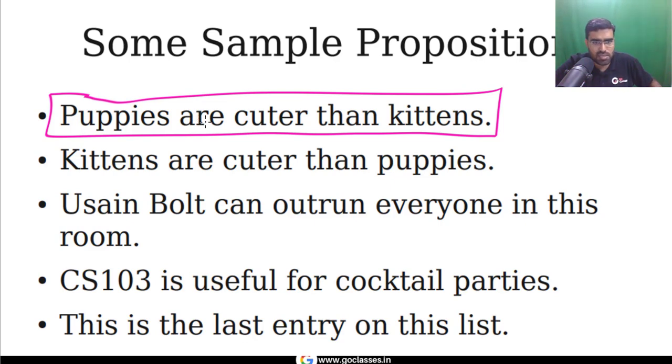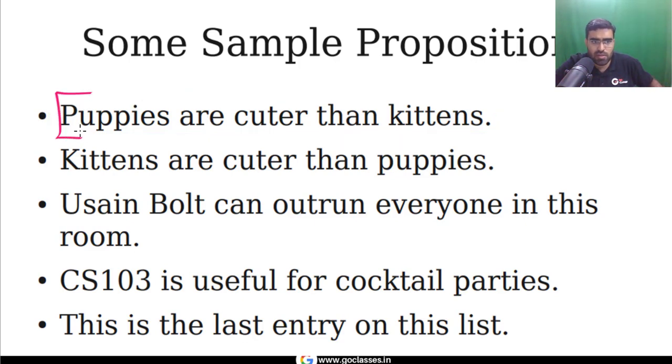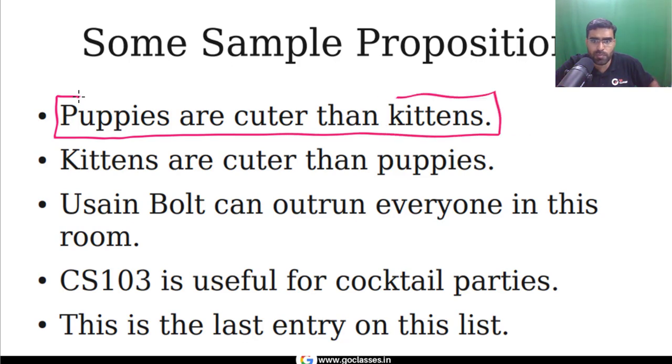The answer is yes. Why? The reason is very simple: in any situation, whether from your point of view or my point of view, from any person's point of view, this sentence will be either true or false, but it cannot be both. Please understand.